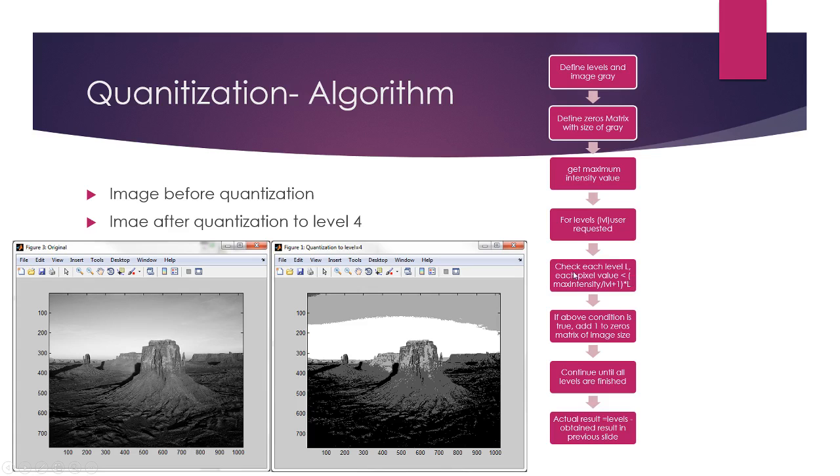I apply this mathematical representation in my algorithm where the pixel value is less than max intensity over level plus 1, multiplied by L. And this level is already a constant defined by the user, maybe 4, it could be 8, it could be 16, but this L keeps changing from one level to the maximum level.